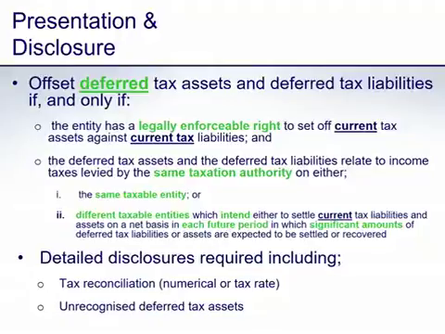For disclosure purposes, entities are also required to disclose a tax reconciliation showing how the effective tax rate relates to the statutory tax rate for that particular jurisdiction. This can either be done numerically or by virtue of adjusting the tax rate to get to the effective tax rate.